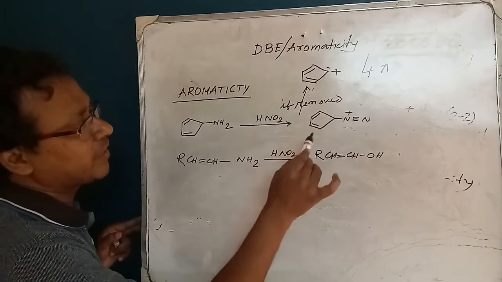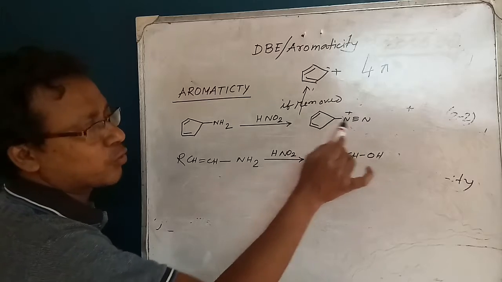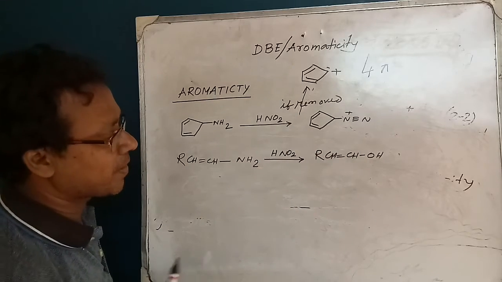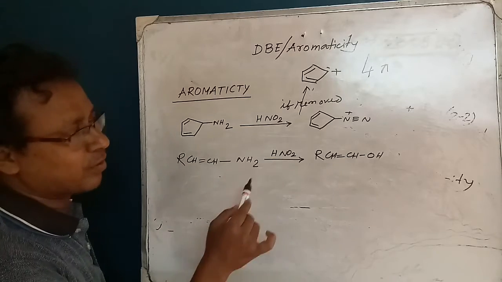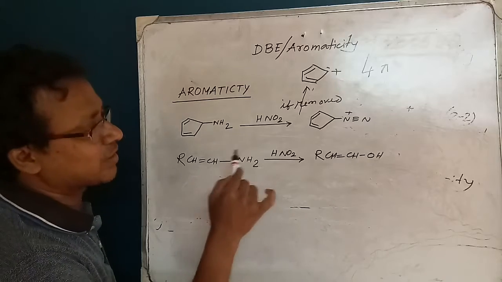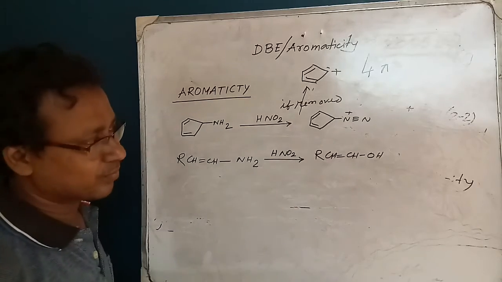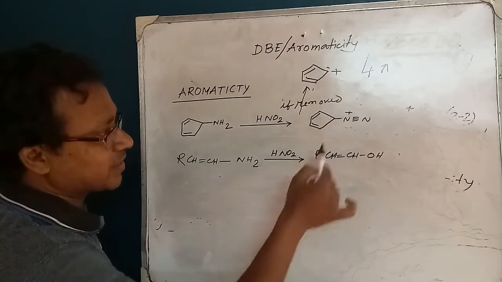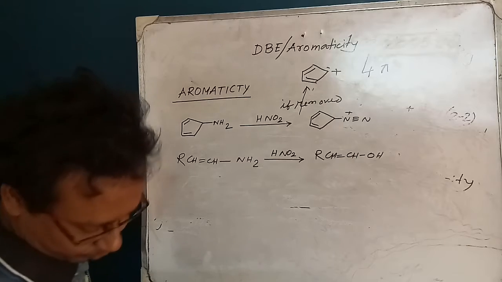Rather it will stay in the medium as a diazo compound. But here there is no such possibility, for it is not a cyclic system, it has no such property to be anti-aromatic. That's why it will go for N2 plus elimination and OH addition to give the product.